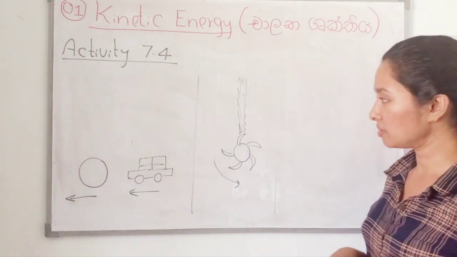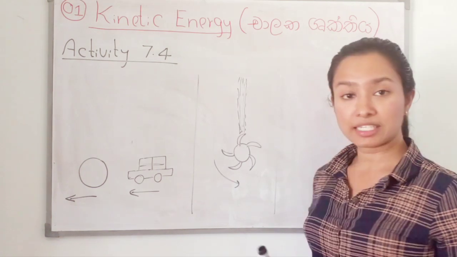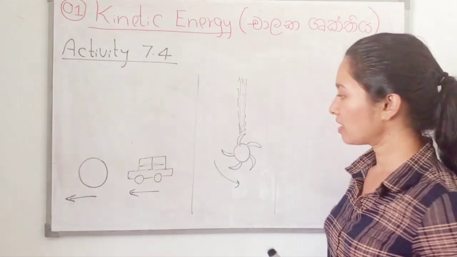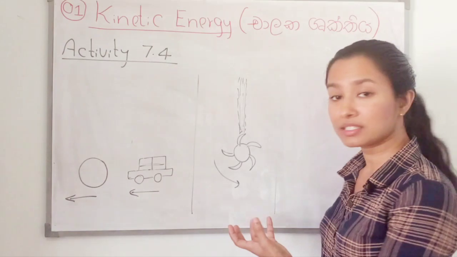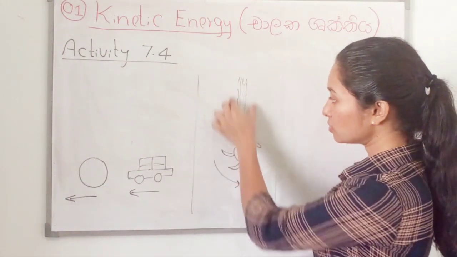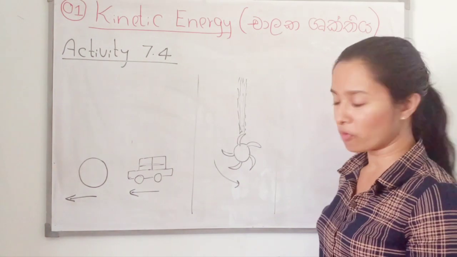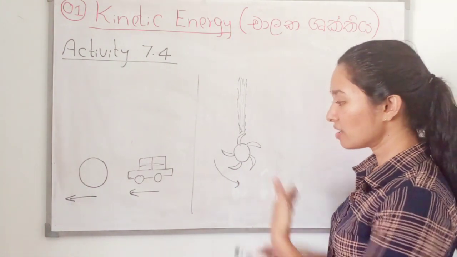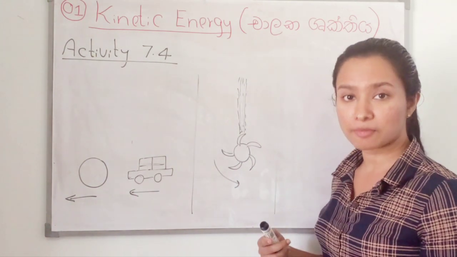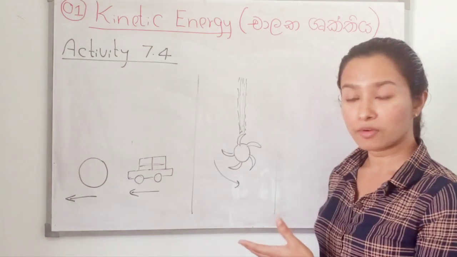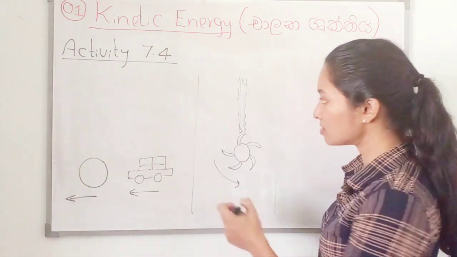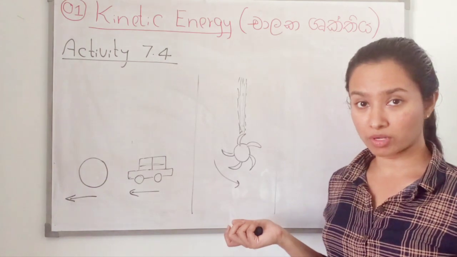In the second picture, we need a small turbine and we have to hold this small turbine in flowing water. This is tap water. We can hold it under a tap. So, you can see the movement of the turbine. The turbine will rotate because of this flowing water.